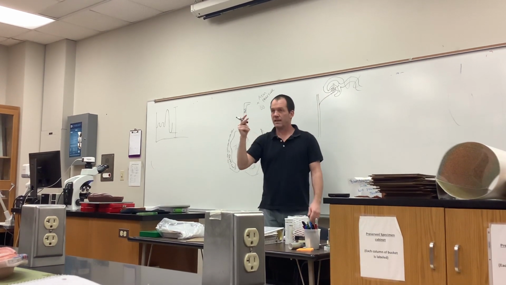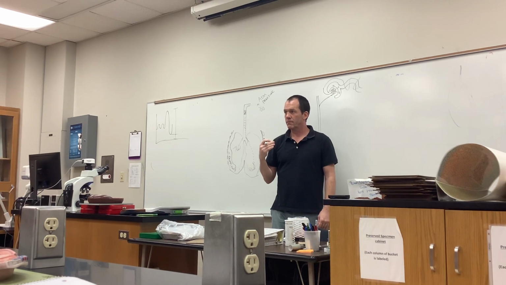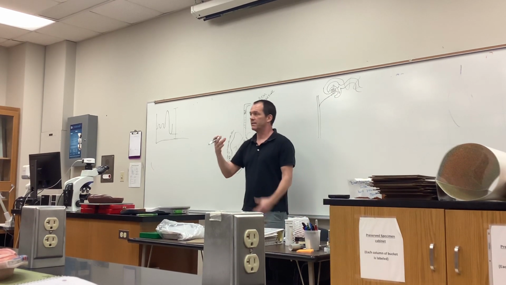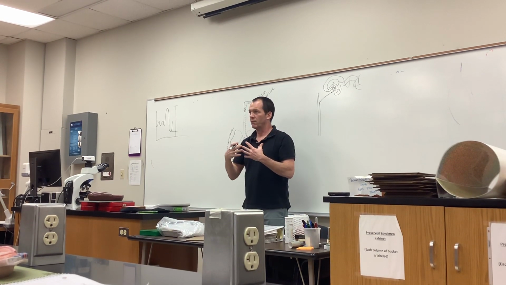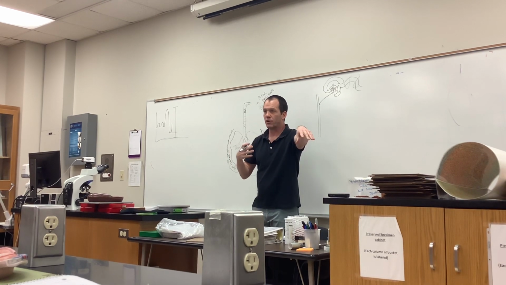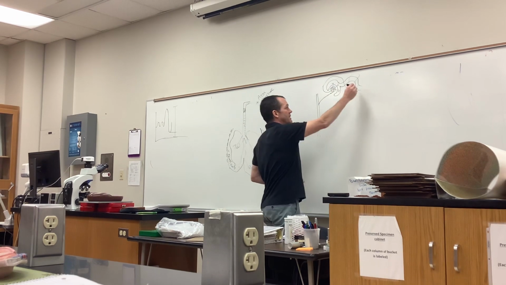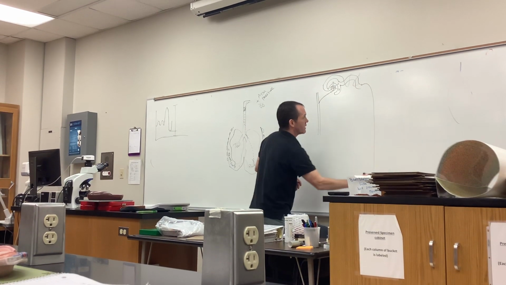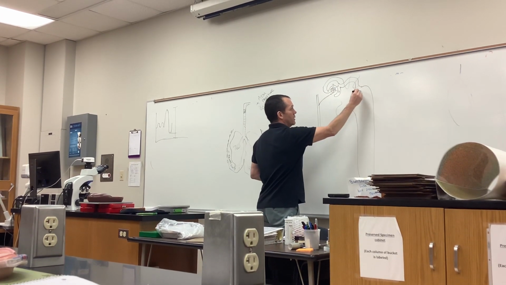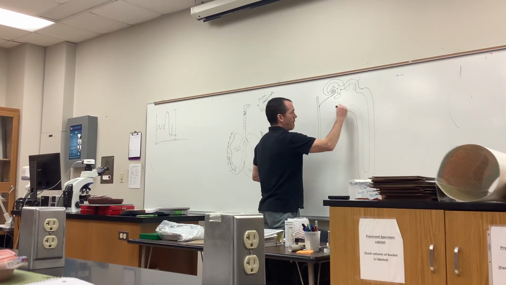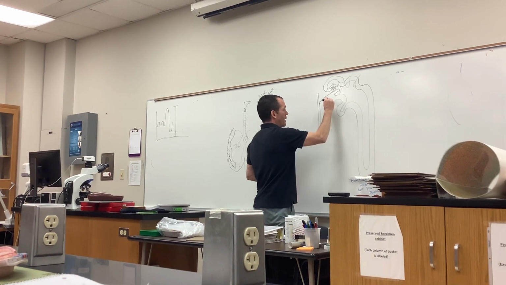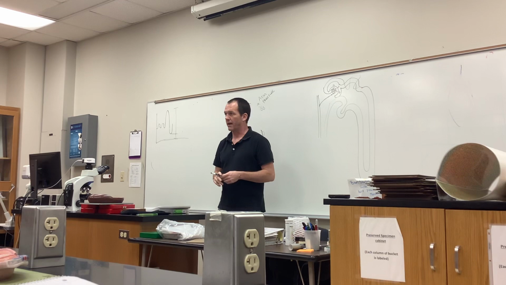The second two processes, reabsorption, you want to think of that as, I'm going to take some back, right? Filtration is put it in the tube. Reabsorption is take it back. And we're going to reabsorb that stuff over the course of several places so that we can get a lot of that liquid back.